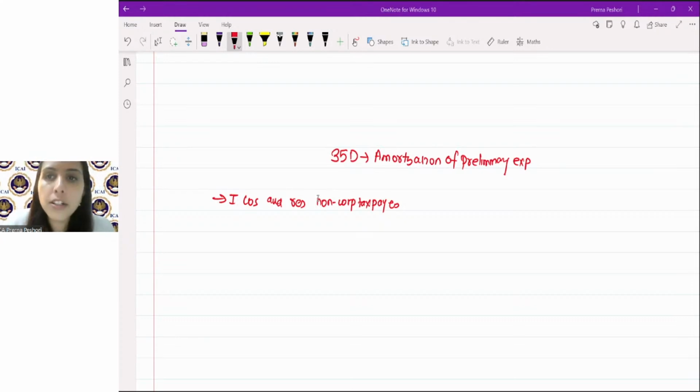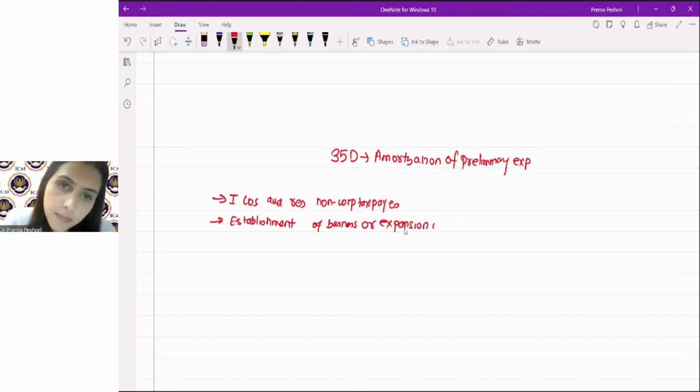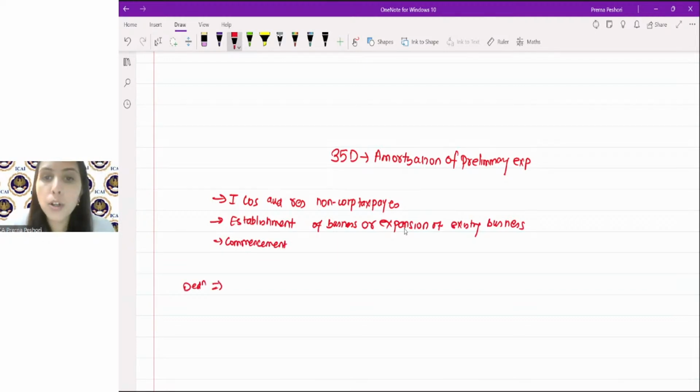Now, what is the amount eligible for the deduction? So, first of all, the eligible expenditure for the establishment of business or expansion of existing business, or for commencement: deduction will be equal to 1/5 of the expense over a period of 5 years, right?